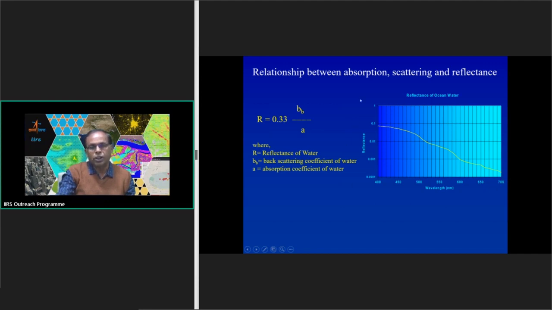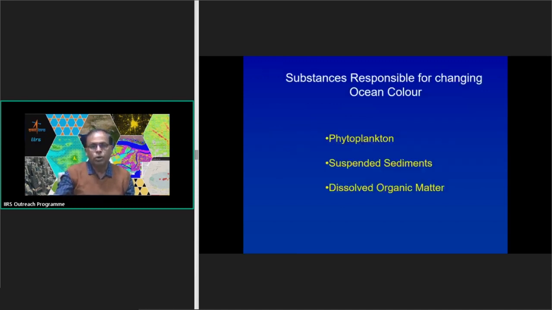So this is the case of pure seawater reflection, and they are related to scattering and absorption characteristic of the water. So these are the substances changing the ocean color. Otherwise, ocean color is blue in nature, but when these substances present like phytoplankton, suspended sediments, and dissolved organic matter, if they are present in considerable quantity, then the color of the water will change.